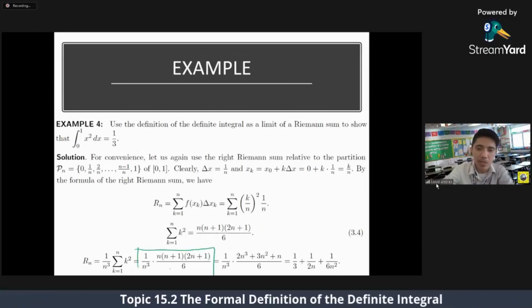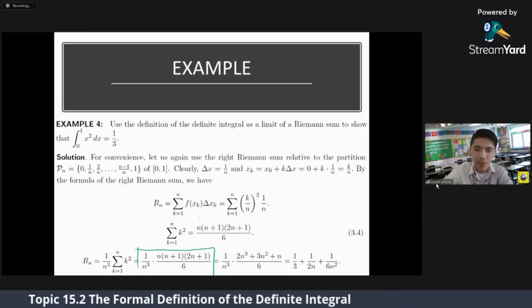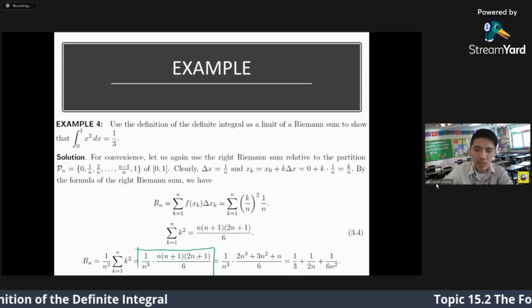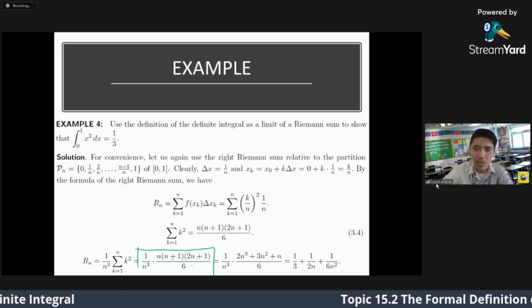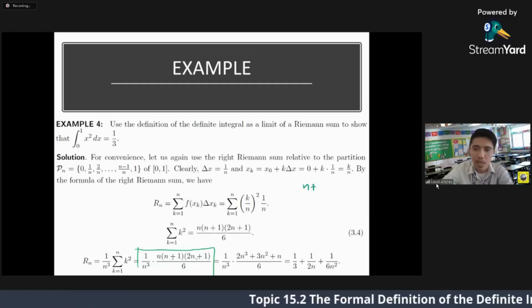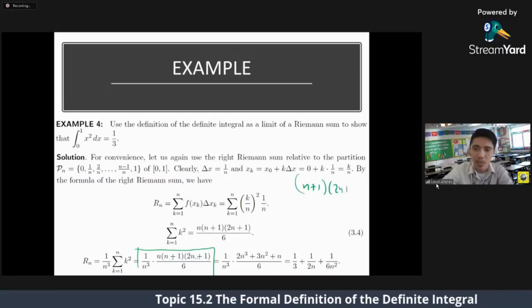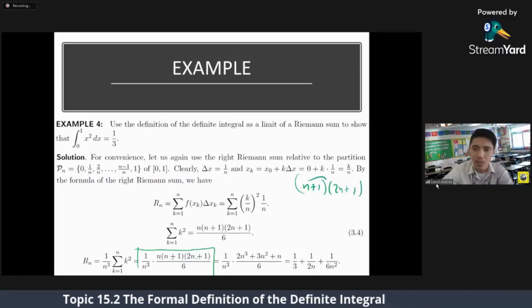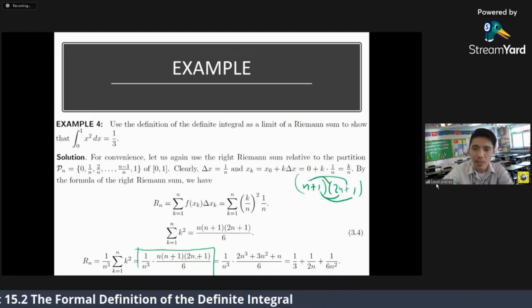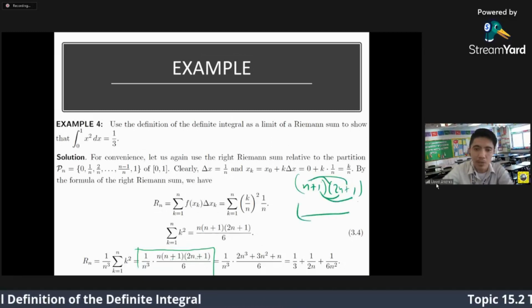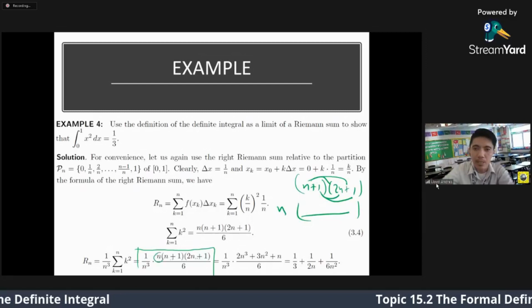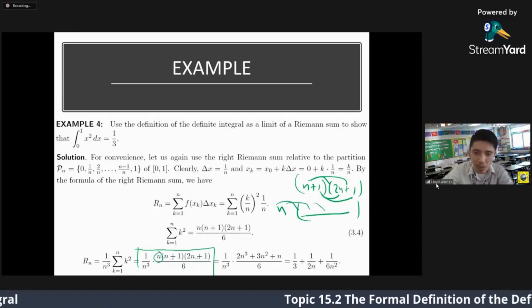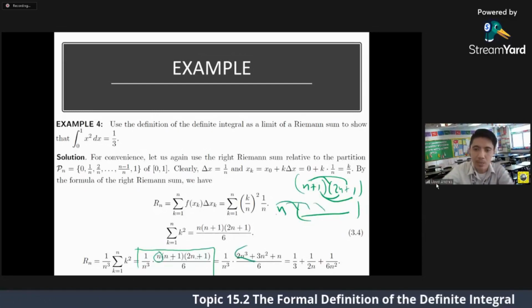Simplifying this one, mag-foil ka, tapos i-distribute si n. So meaning, n plus 1 times 2n plus 1, foil method ka. Distributan ni mo n. Pag simplify nimo, kani ang mo-labas.